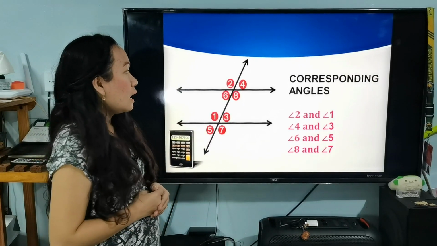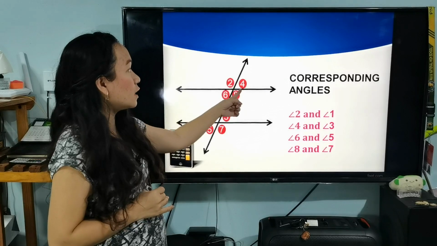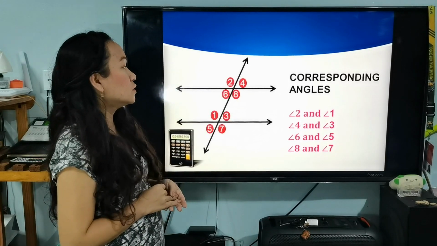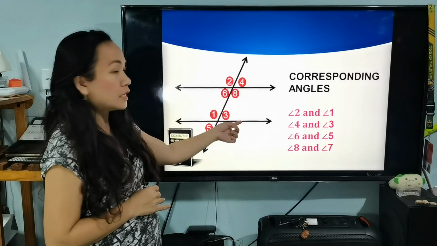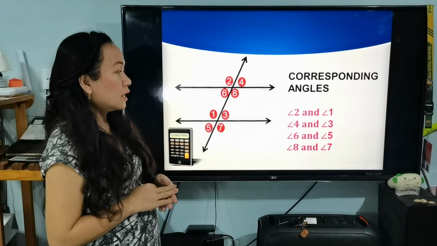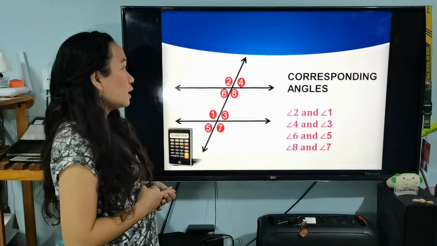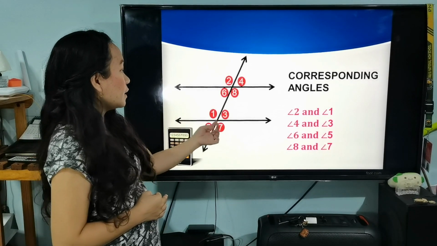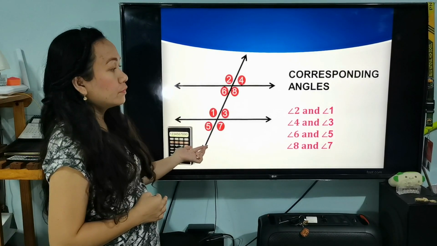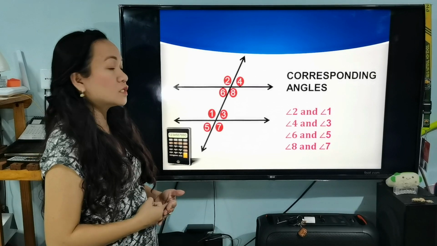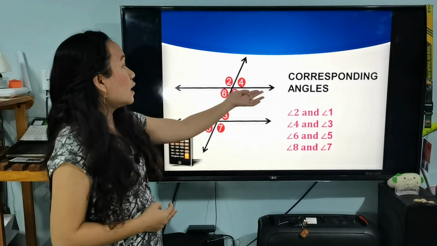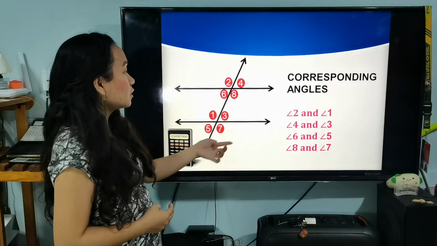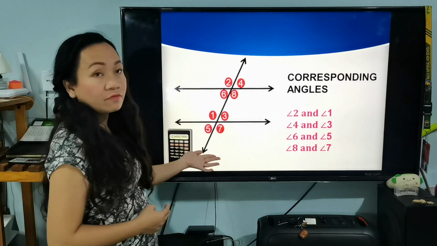Another pair, angle 4 corresponds to angle 3. The third pair of corresponding angles is angle 6 corresponding to angle 5. And the last pair, we have angle 8 corresponding to angle 7.